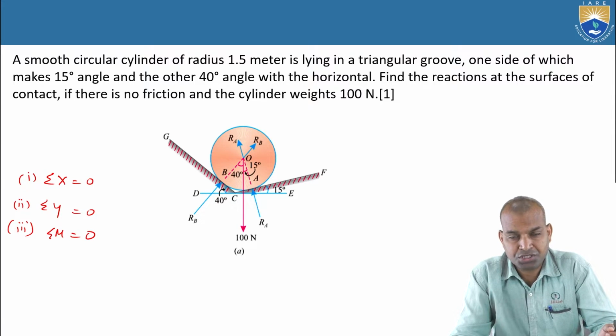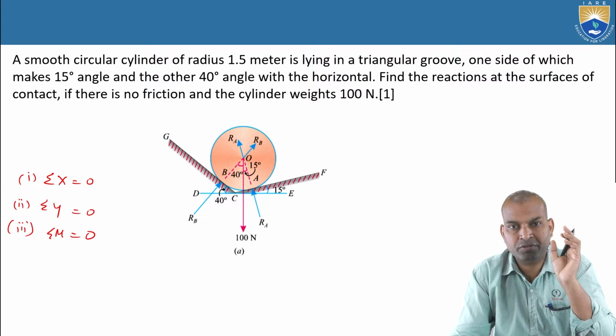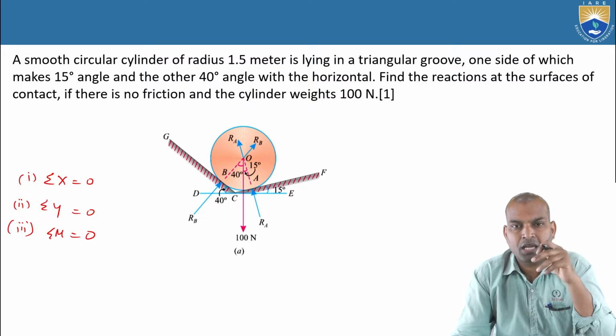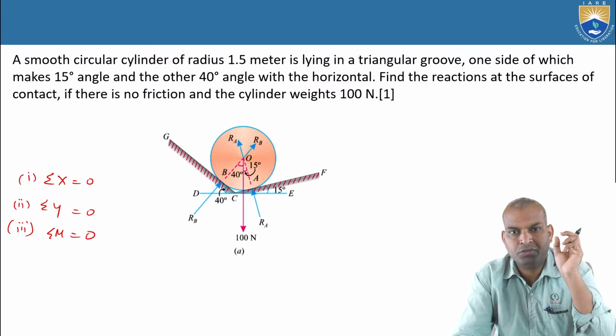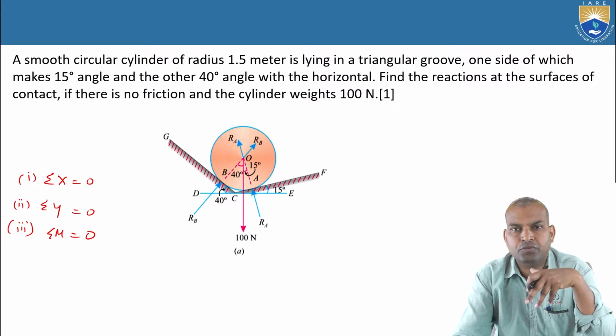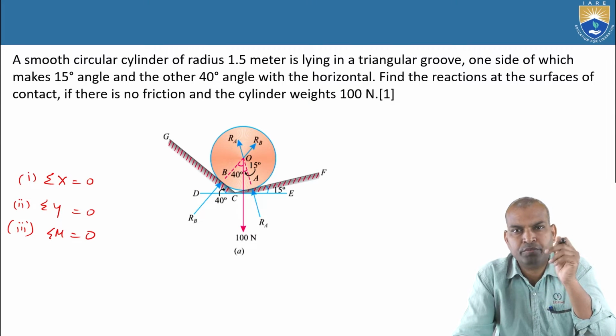When these three conditions are satisfied, leftward forces equal rightward forces in the horizontal direction, vertical upward forces equal vertically downward forces, so it is in vertical equilibrium, vertically stable, and it doesn't move. Finally, if there is any rotary motion due to the force, and the clockwise moments equal the sum of the anti-clockwise moments, then it will be in moment equilibrium.